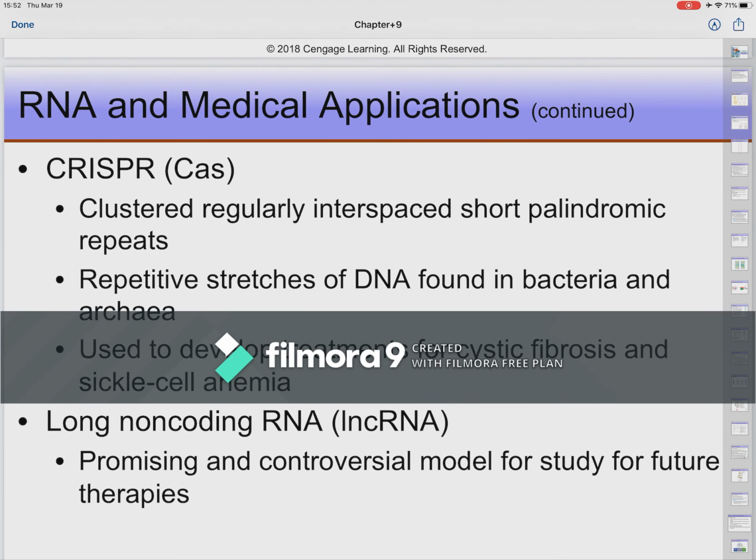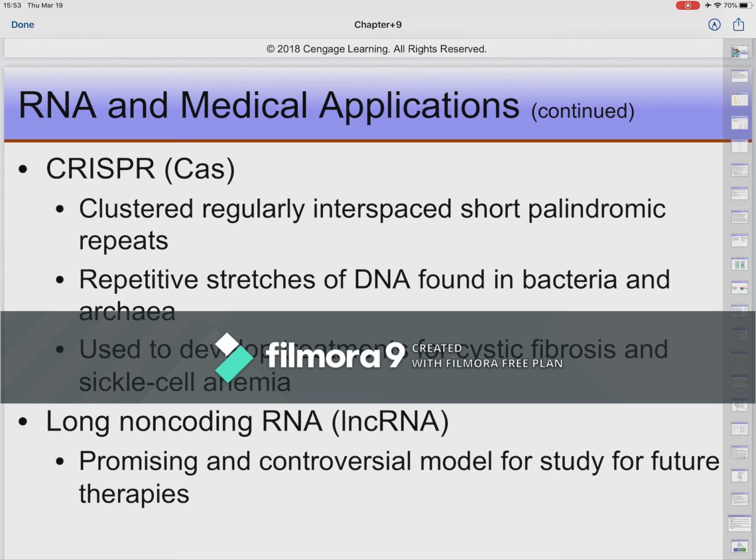CRISPR's pretty cool. You can read the book about some of the details on how it works. Long story short, using the CRISPR-Cas system, you can isolate specific areas of the DNA that you're after, and then you can go and cut them out. And then there are other technologies that let you put back in certain genes that you want.